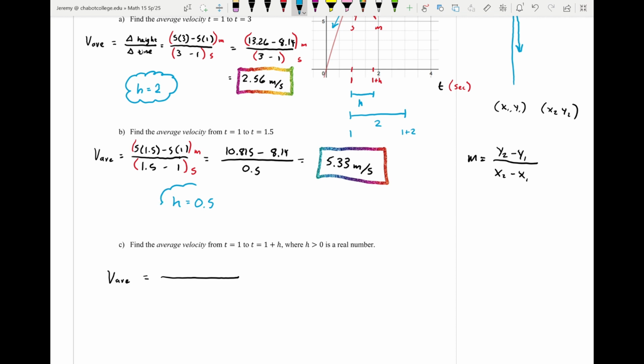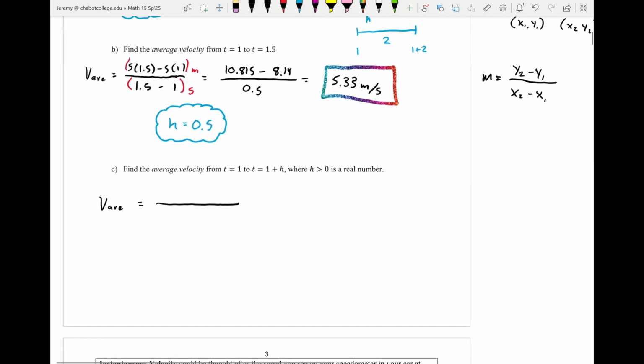When I say the width of the time interval, visually looking at the graph, we see a width. But in terms of time, that's really what it represents. The width of the time interval is how much time has passed from the initial time to the final time. So for part C, we're just generalizing. Abstractly, for any time interval starting at t equals 1 and going a distance of h, we want to find that average velocity.